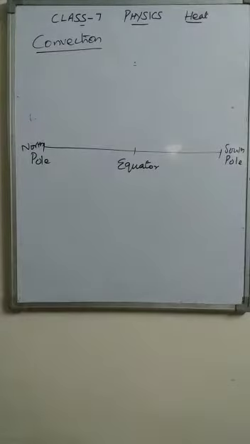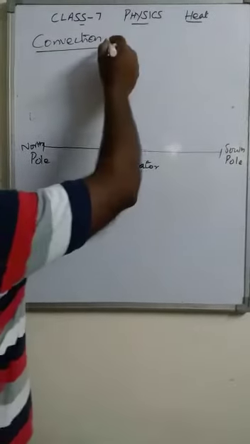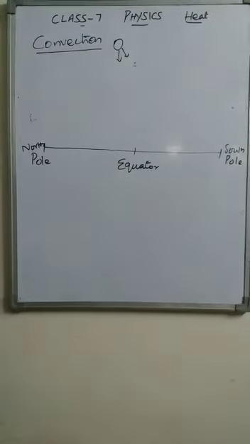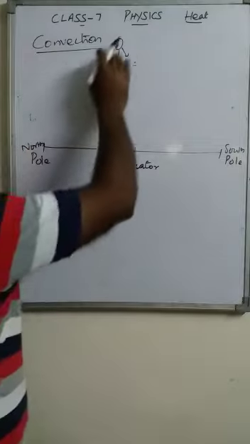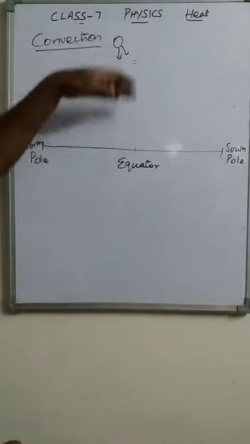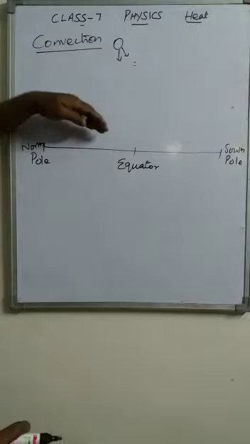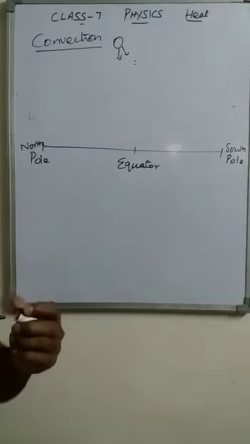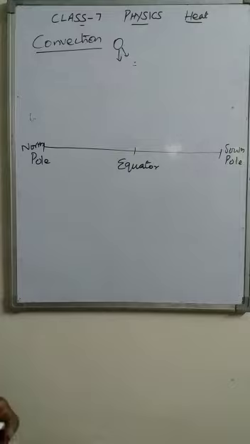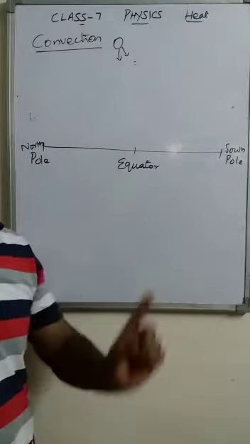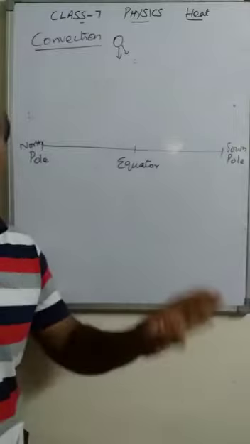From the sun, the earth is receiving heat. The same amount of solar radiation is coming to the earth's surface, but all the parts are not receiving an equal amount of heat.